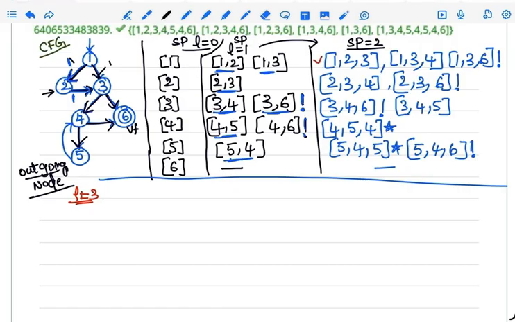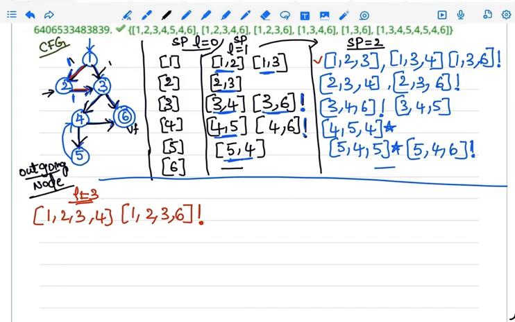So that is a simple path of length 2, 1, 2, 3, to the next node. 1, 2, 3, and 3 to 4, right? And 1, 2, 3, 6 is also possible. 1, 2, 3, 6 cannot be extended. 6 is VF, only 2 are possible.